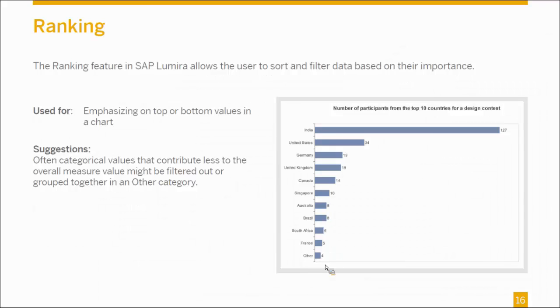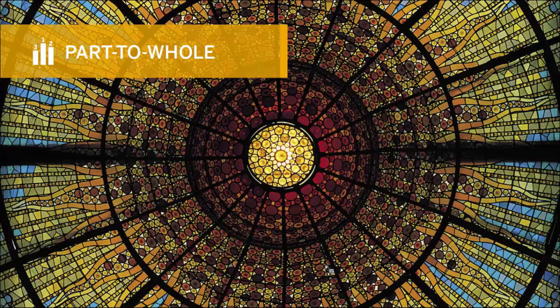So again, the ranking feature is a great way to reduce the number of data points in a chart, and therefore also the number of data points that your audience has to digest. And therefore it allows you to really focus on the aspect of your data that's most important for you to share with your audience.